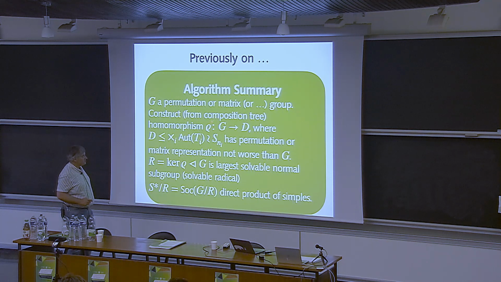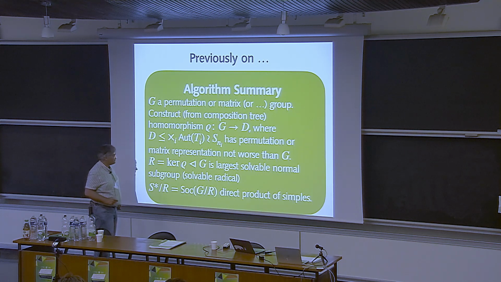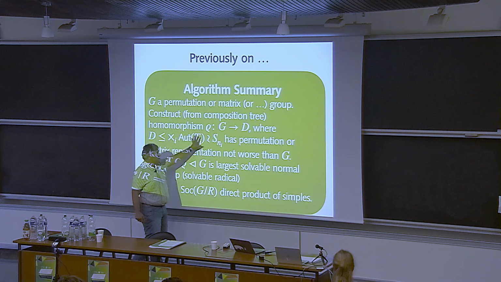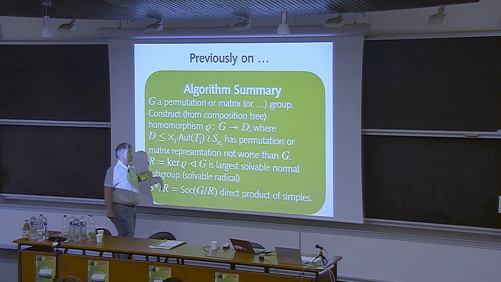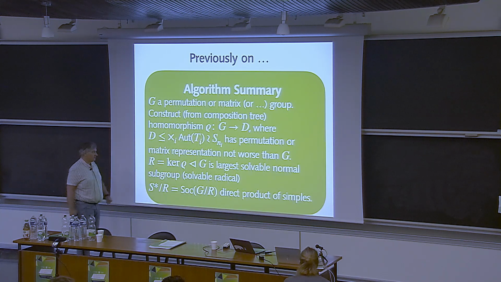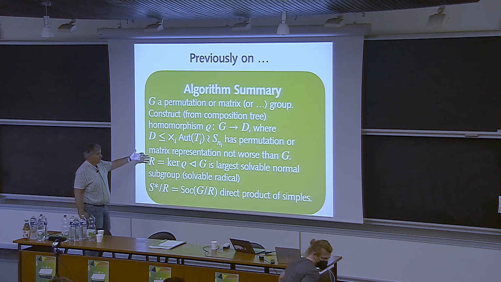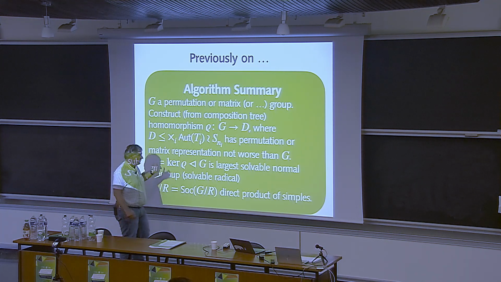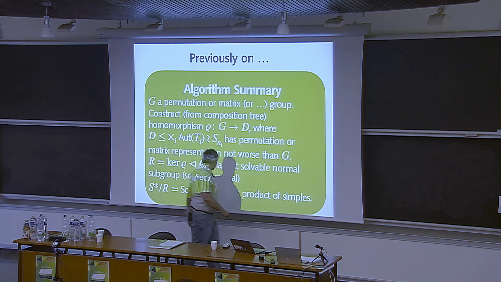From the composition tree, we constructed a homomorphism into a direct product of such wreath products. And this image has a permutation or matrix representation, which is kind of nice. The kernel of that homomorphism is the largest solvable normal subgroup, the solvable radical.